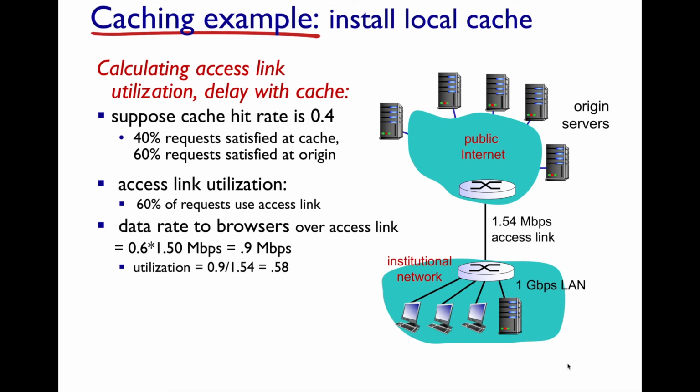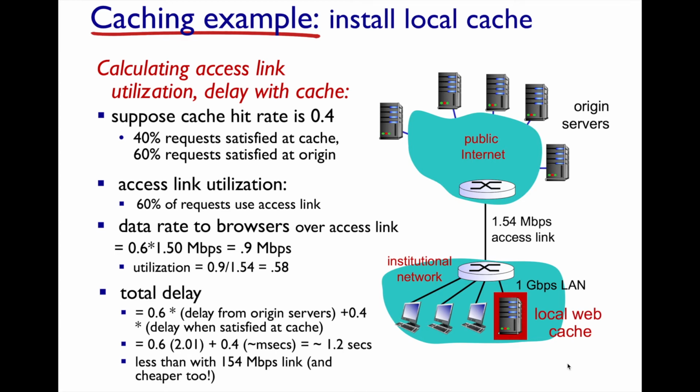So we have this utilization of 58% as a consequence of the reduced load across the access link, because 40% of the time those requests are satisfied by the cache and don't have to reach out across the internet to the origin servers. Does that make sense? Any questions about this? Okay, so let's take a look at our delay calculation.